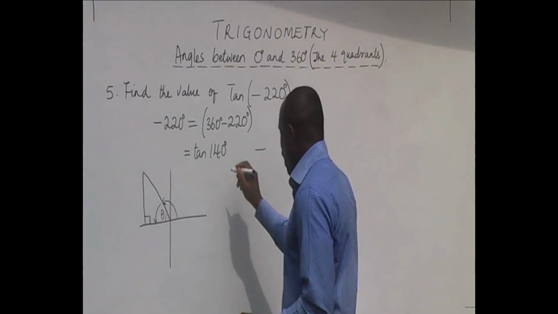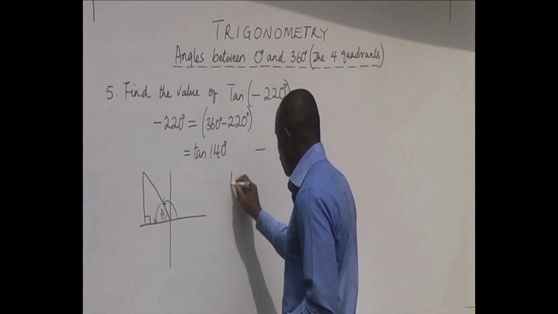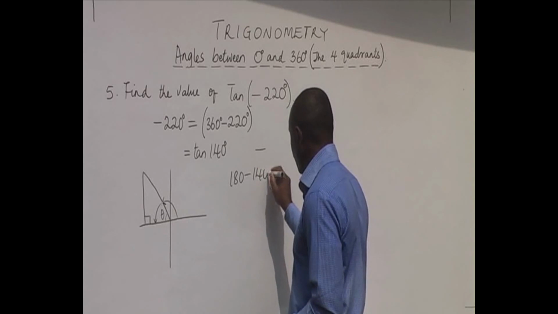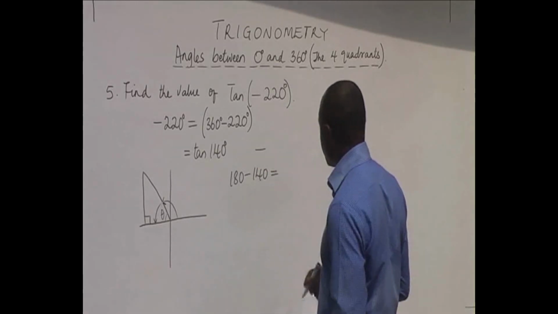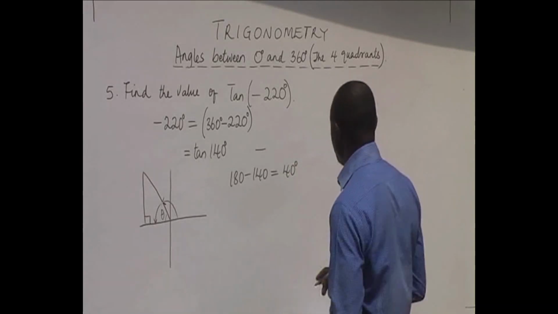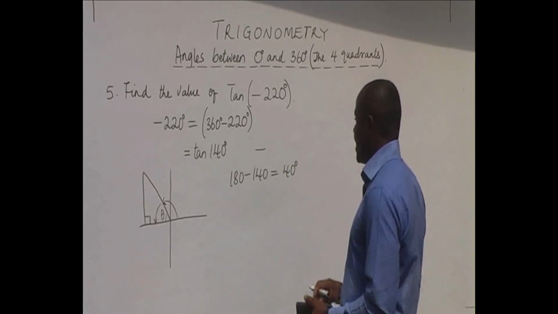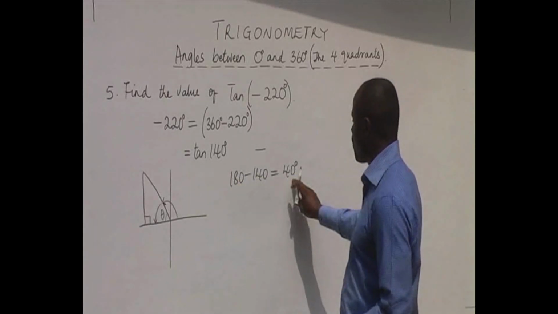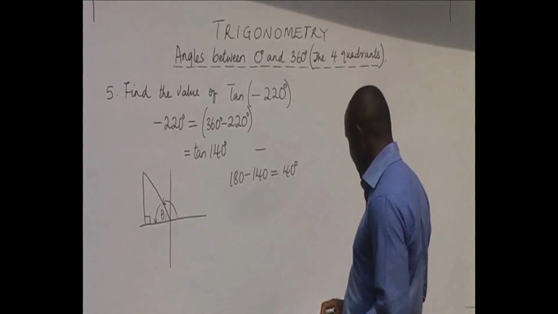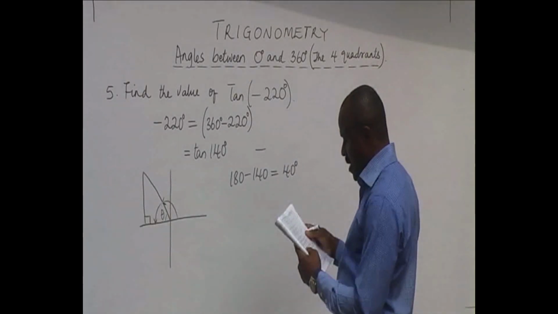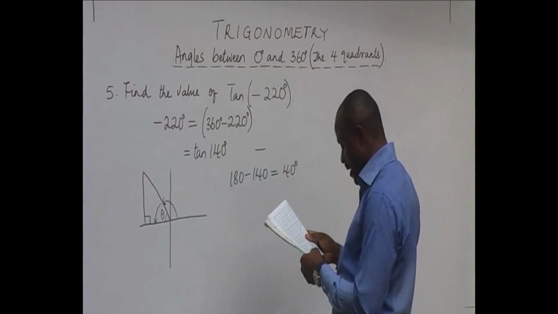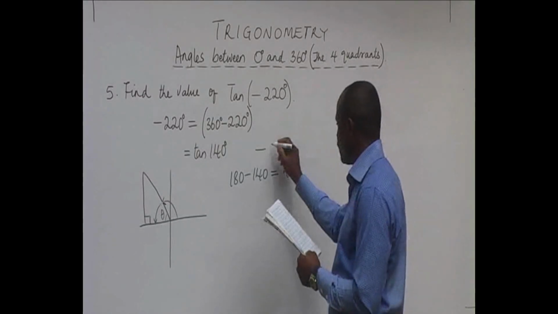So the law applicable in the second quadrant is 180 minus 140. 180 minus 140 is going to give you 40. So we are going to look for the tangent of 40 in the four-figure table, and whatever value it gives you, write it after this negative. Tan 40 under 0. 0.8391.